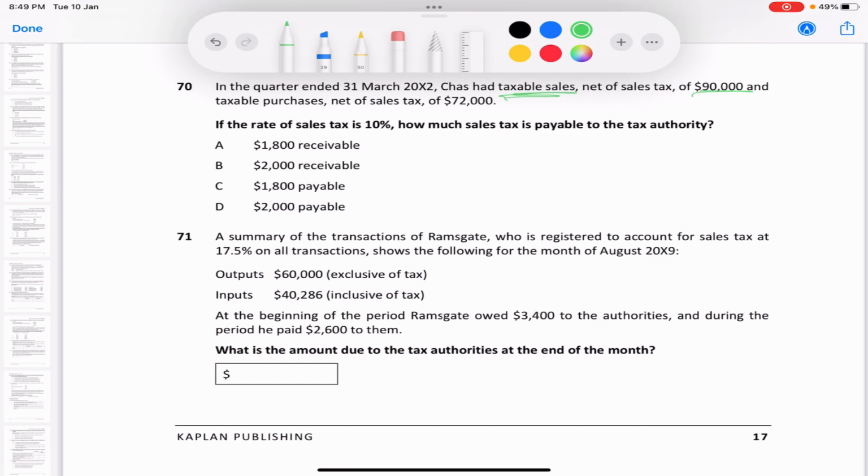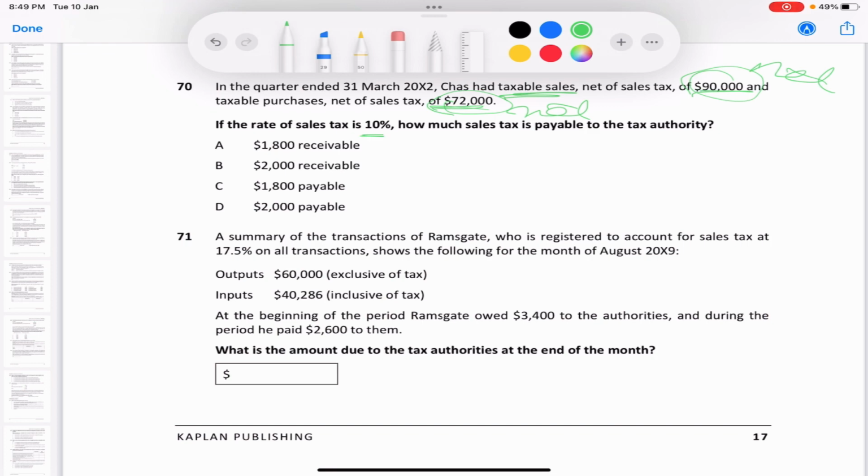When it says taxable sales, it means that tax is not included yet. So this is the net value and this is also the net value. I hope you are understanding the questions and you know how exactly to read them. So we have 90,000 which is the sales and 72,000 which is the purchases.